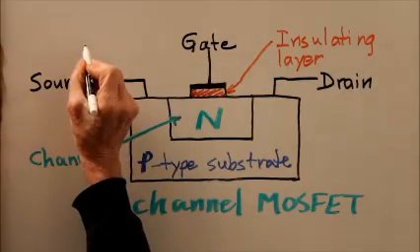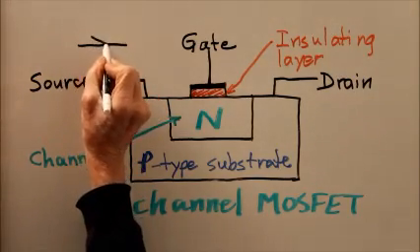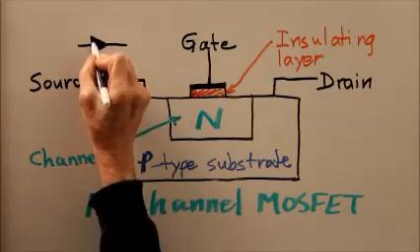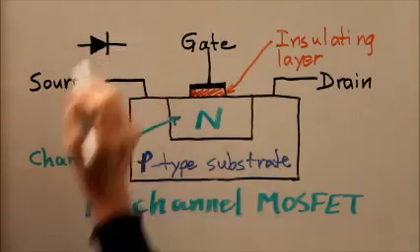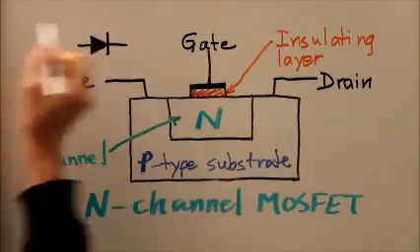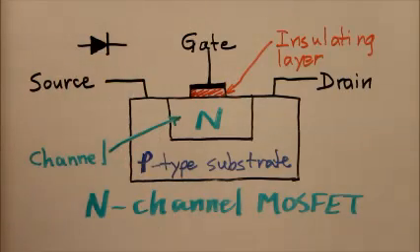In a semiconductor diode, here's the symbol for that thing. Forward bias occurs when the electrons flow against the arrow, or the conventional current flows with the arrow.